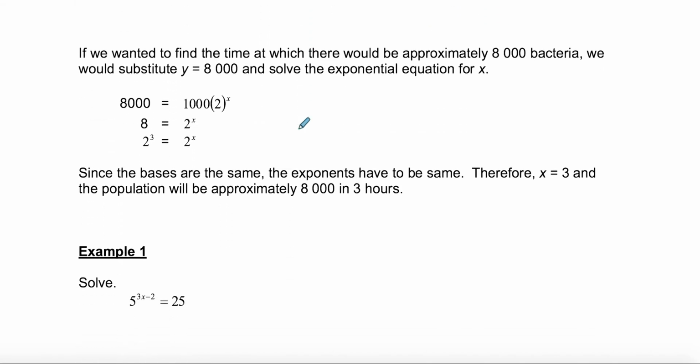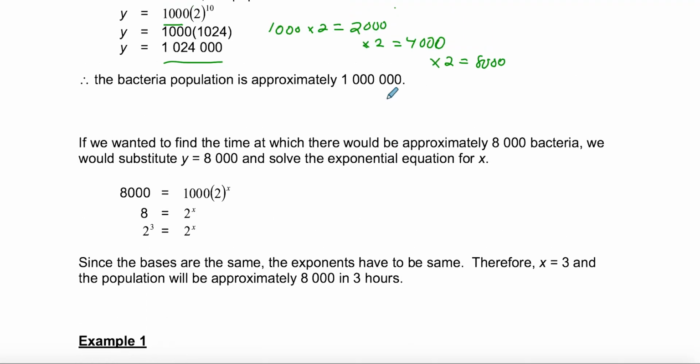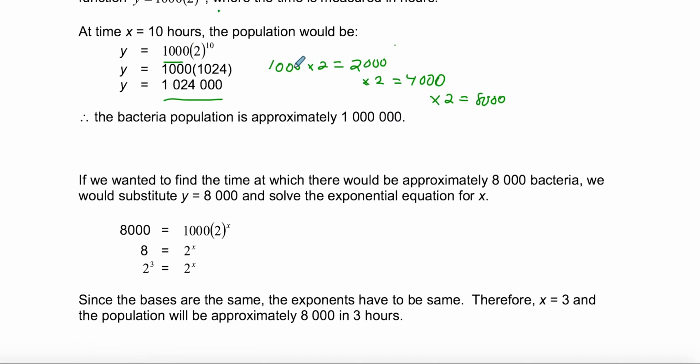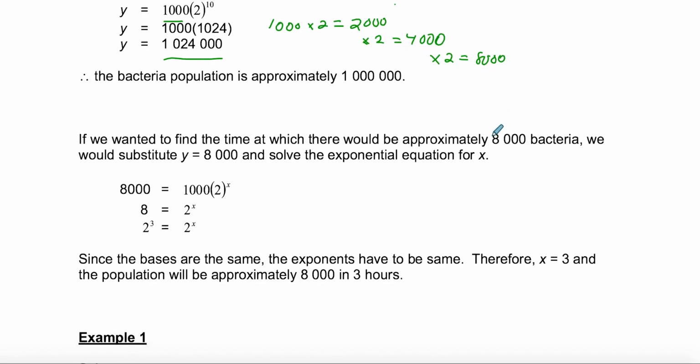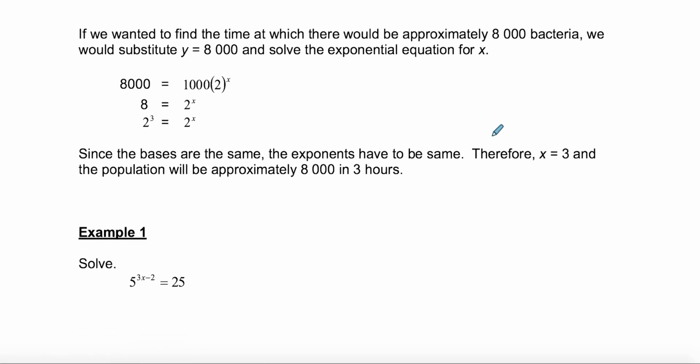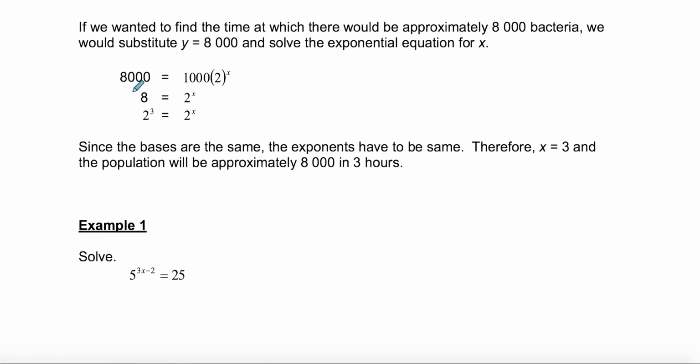If we wanted to find the time at which there would be approximately 8,000 bacteria, after 1 hour we'd have 2,000, after 2 hours 4,000, and after 3 hours 8,000. So it's 3 hours. But a way to figure that out is: we know our final number of bacteria would be 8,000, and this is our original equation.